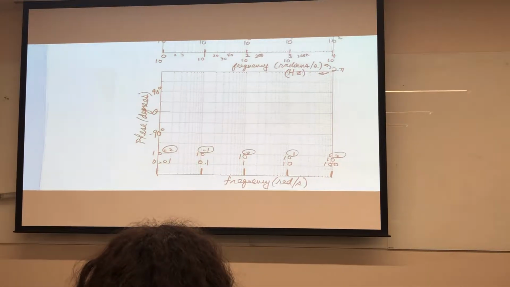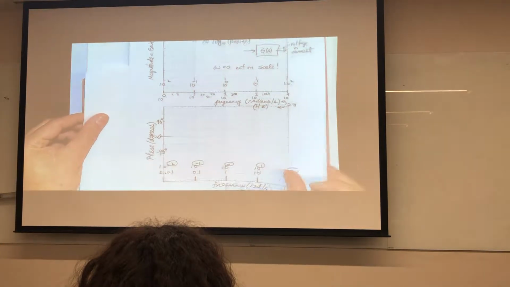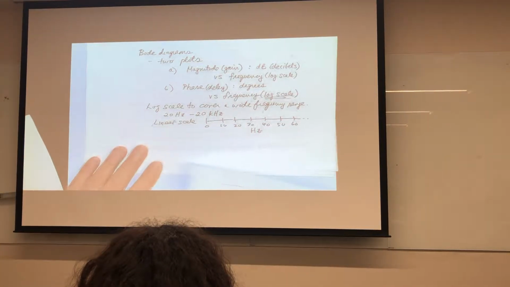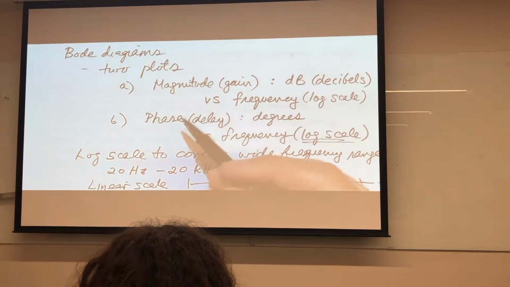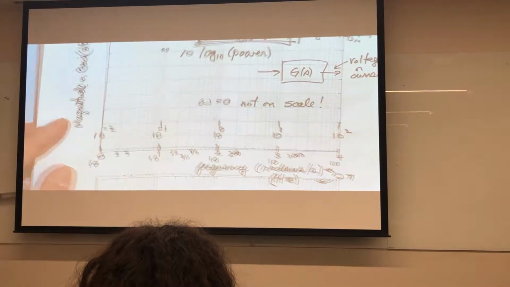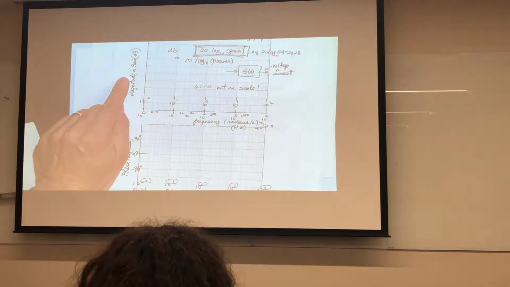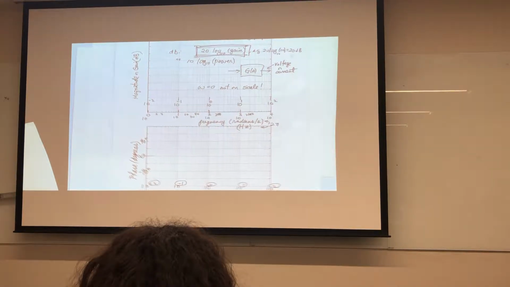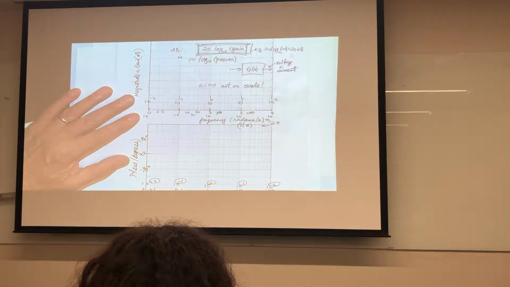Okay, so let's zoom out a little bit and just kind of remind ourselves what's a Bode diagram? The Bode diagram actually is two plots, magnitude versus frequency and phase versus frequency. Okay, so here they are, magnitude versus frequency and phase versus frequency. And what we're going to do is we're going to basically learn to sketch things in this class.